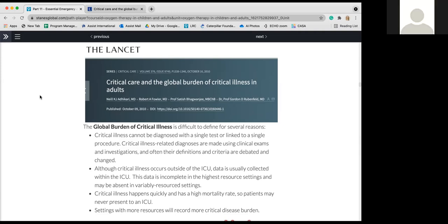So patients may never present to an ICU. The setting with more resources will cause more critical disease burden.